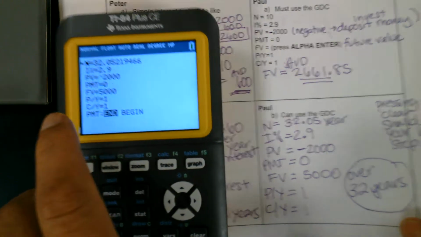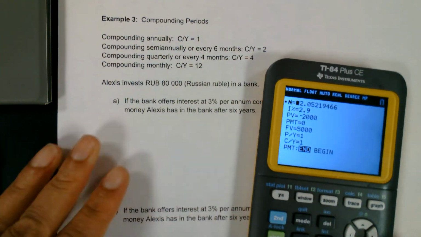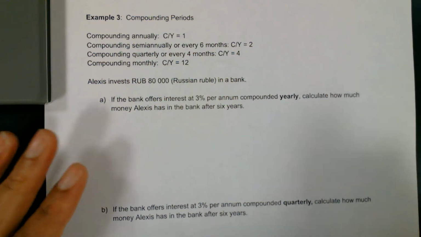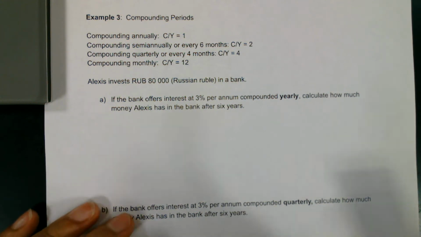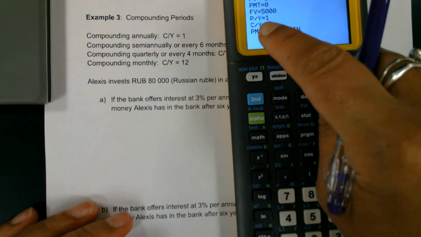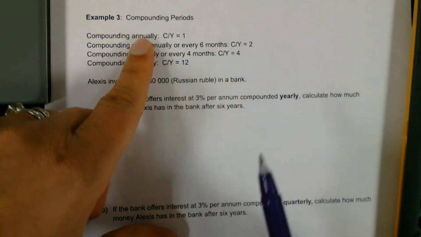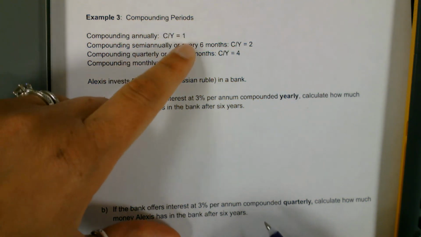On to our last example for the day, because we're getting up near the 20-minute mark for this lesson, and it's a long lesson. Compounding periods. So this CY here means how many times we compound per year. So when the example says annually, we do it once.